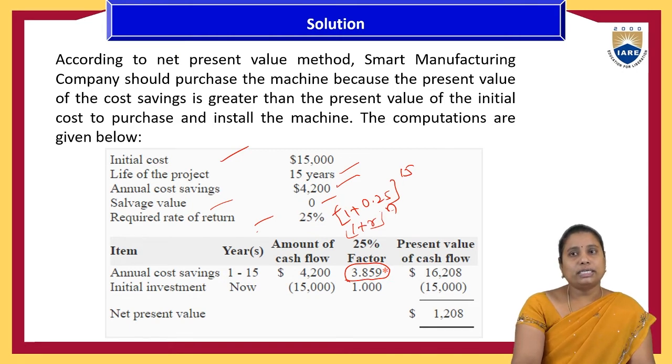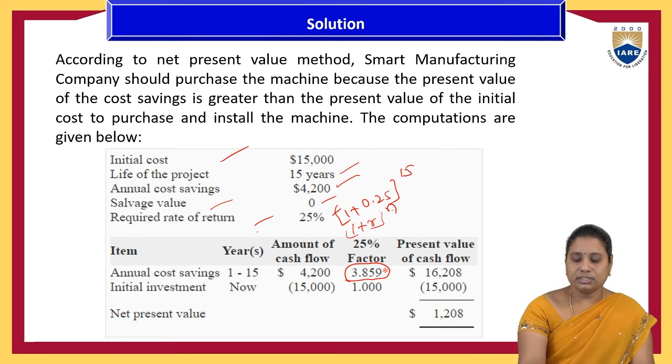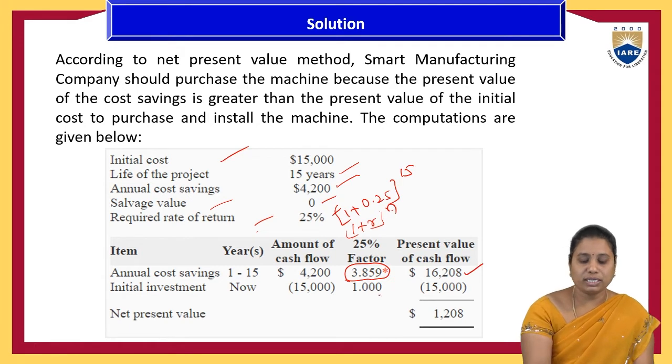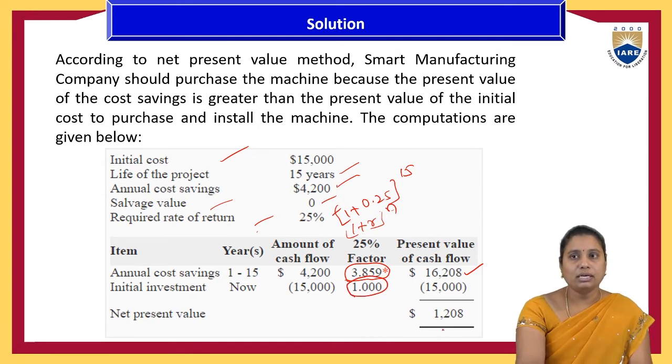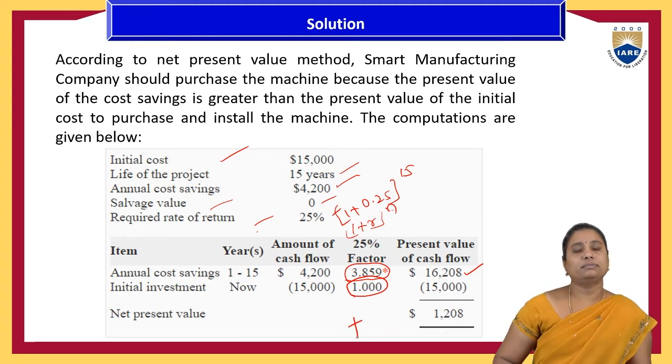For 4,200 into 3.859 gives 16,208 rupees, whereas the present investment is 15,000. Dividing, they are going to get 1,208 rupees of positive NPV. So that is the way they can calculate this.